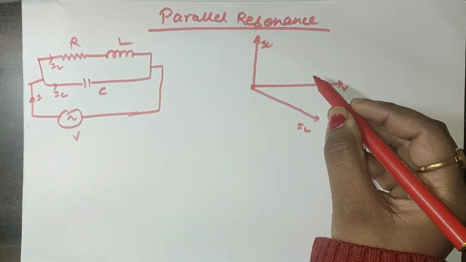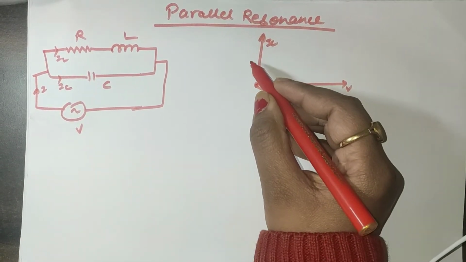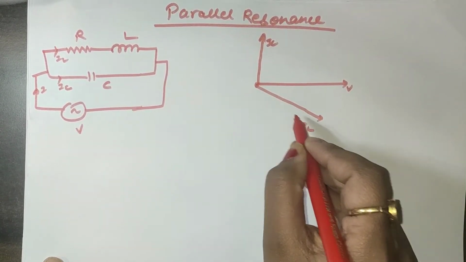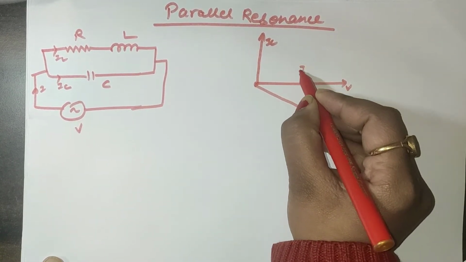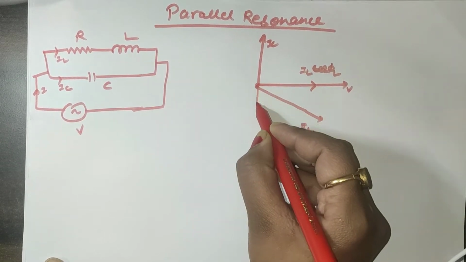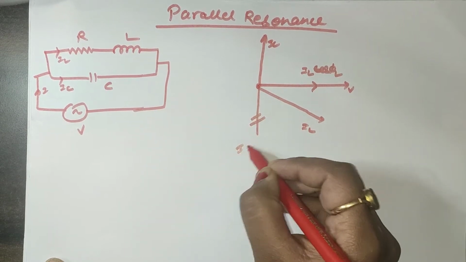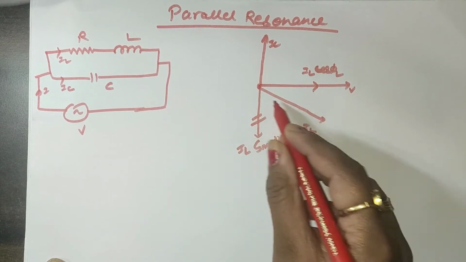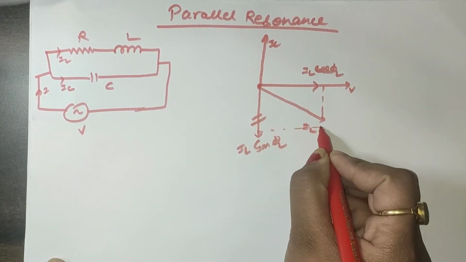If we make our resultant, IL has a horizontal component, IL cos phi L, and a vertical component, IL sin phi L, and this is your resultant IL.